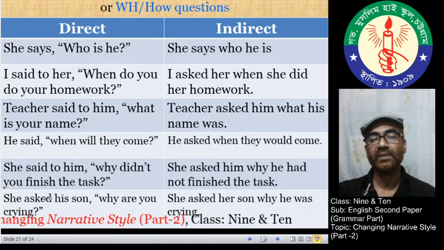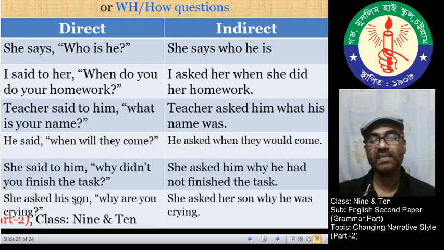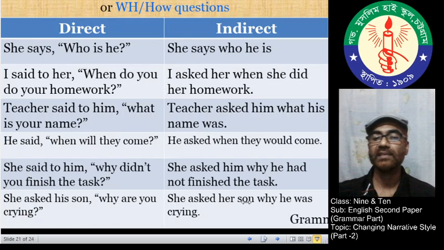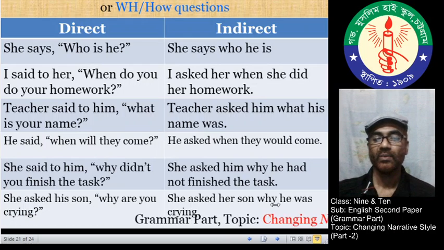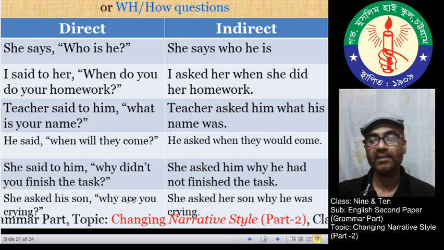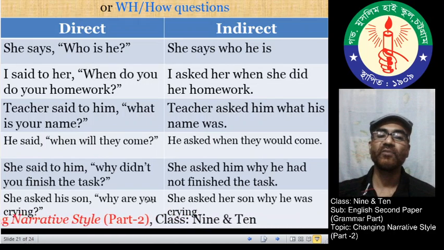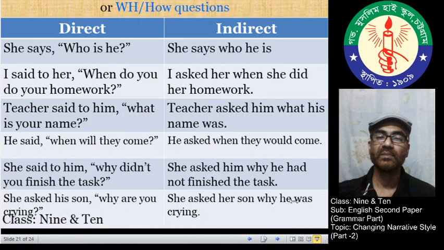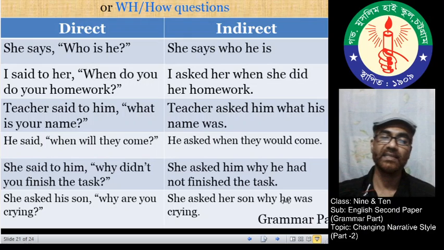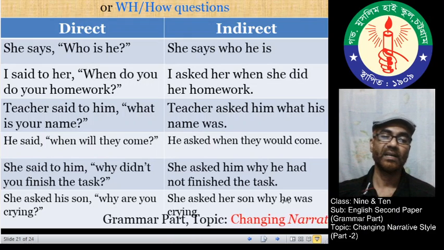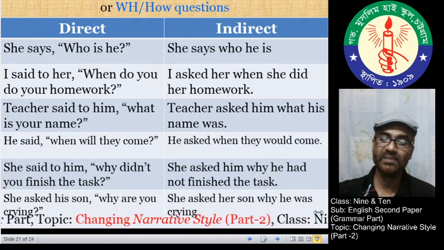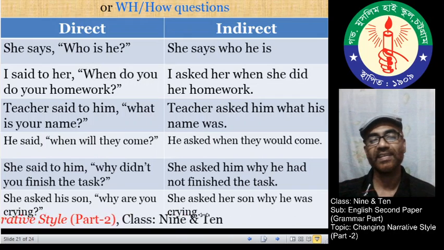You becomes he because she asked her son. Son is a male person, that's why he. And are, which was before the subject, becomes was and comes after the subject. He was crying. Okay.